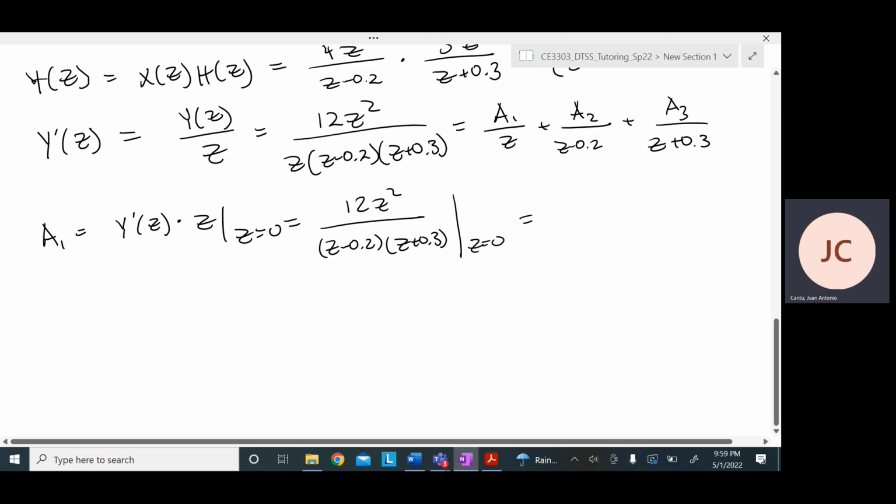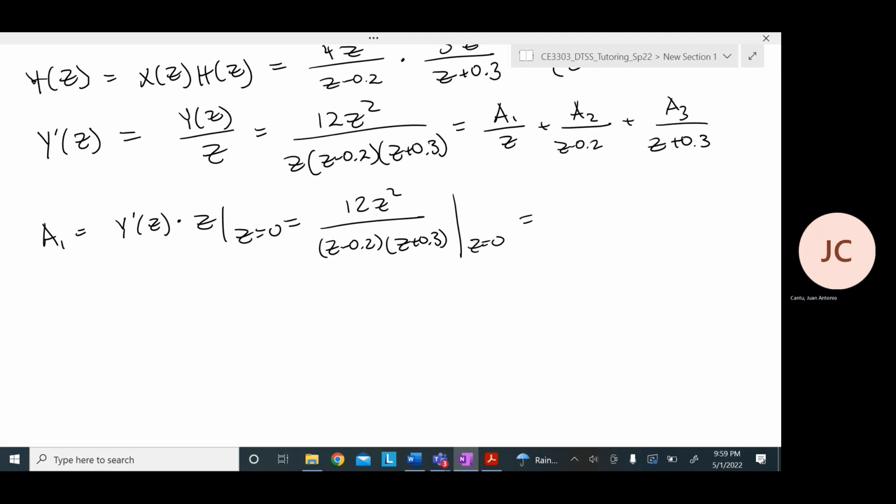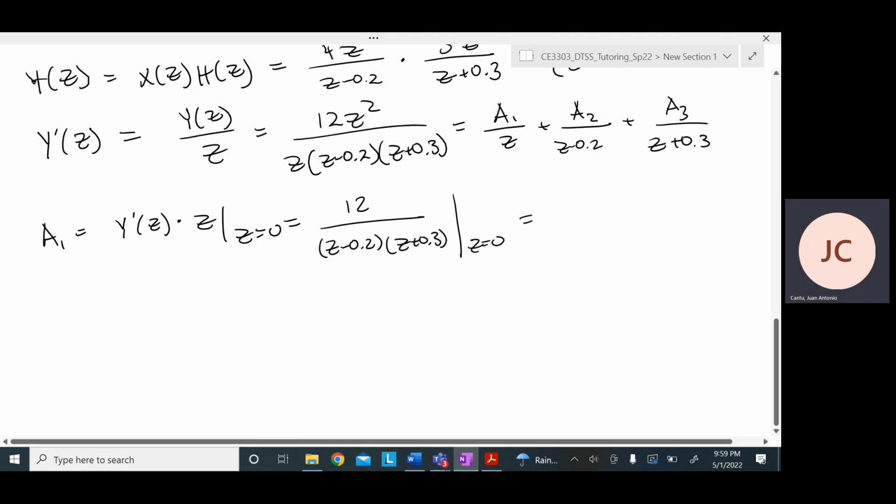I believe we get 0 here. Oh, I'm so sorry, my bad. I'm sure if this was live and I wasn't recording, you guys would have caught this. But we've got z squared and we're dividing by z, right? So this z will cancel out one of the z's in the square. So what we should actually have here is 12z, I believe.